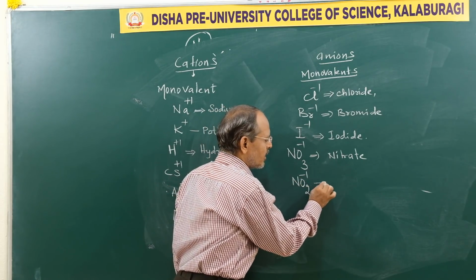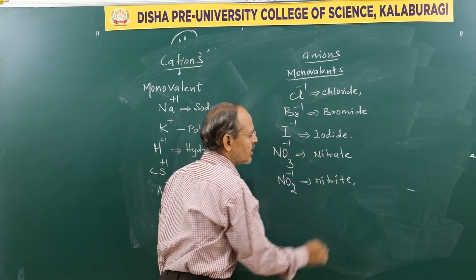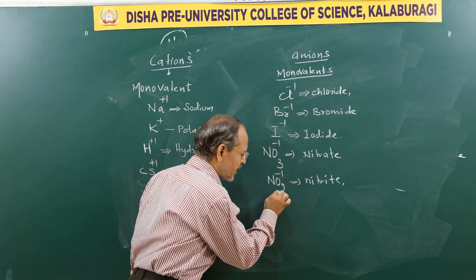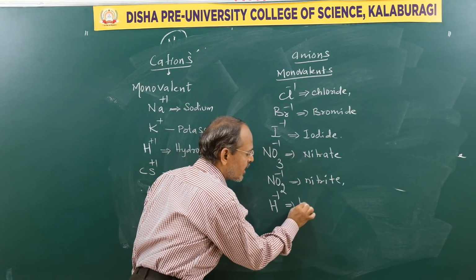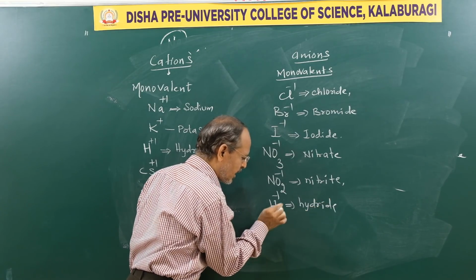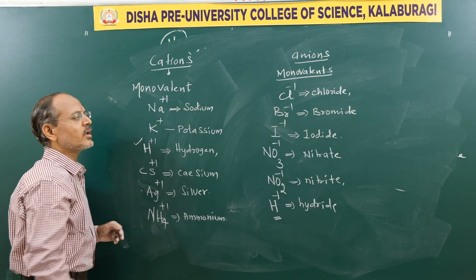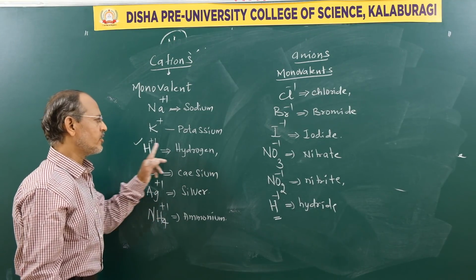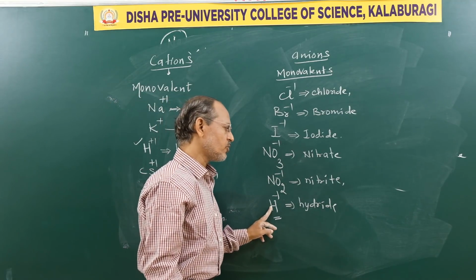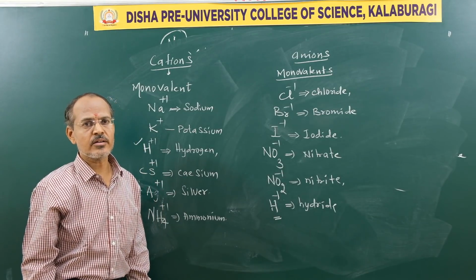NO2 minus 1, nitrite. H minus 1, hydride. Here hydrogen has the capacity to accept one electron as well as donate one electron. If it donates, it is called hydrogen. If it accepts one electron, it is hydride.